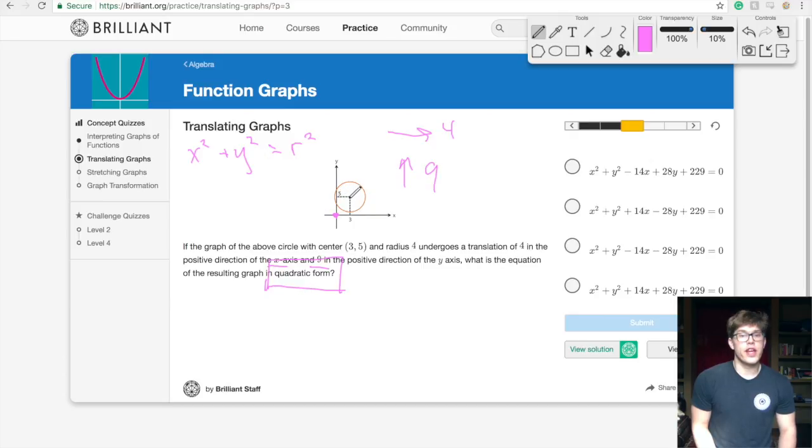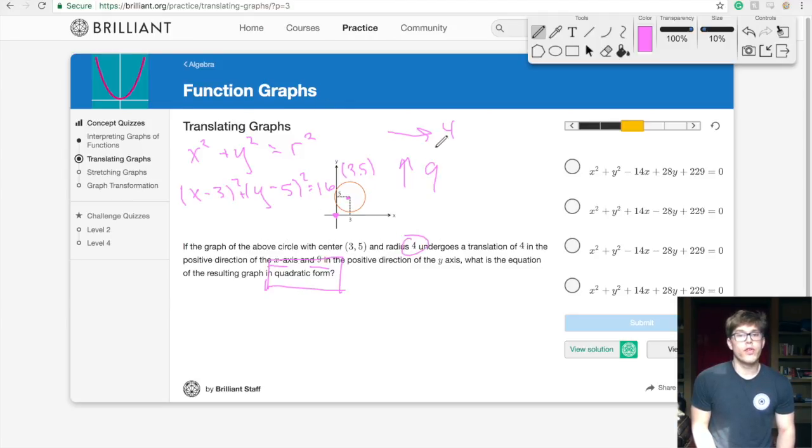Here the center is at coordinate 3, 5. So what is the function for the circle shown in this picture? Well, it's going to be x minus 3 squared plus y minus 5 squared equals 16, as 4 squared is 16 and our radius is 4.